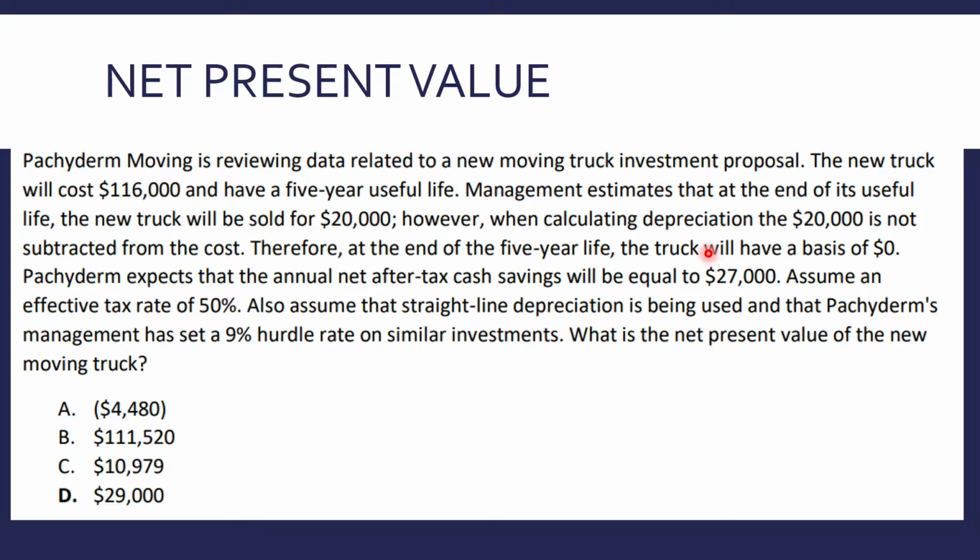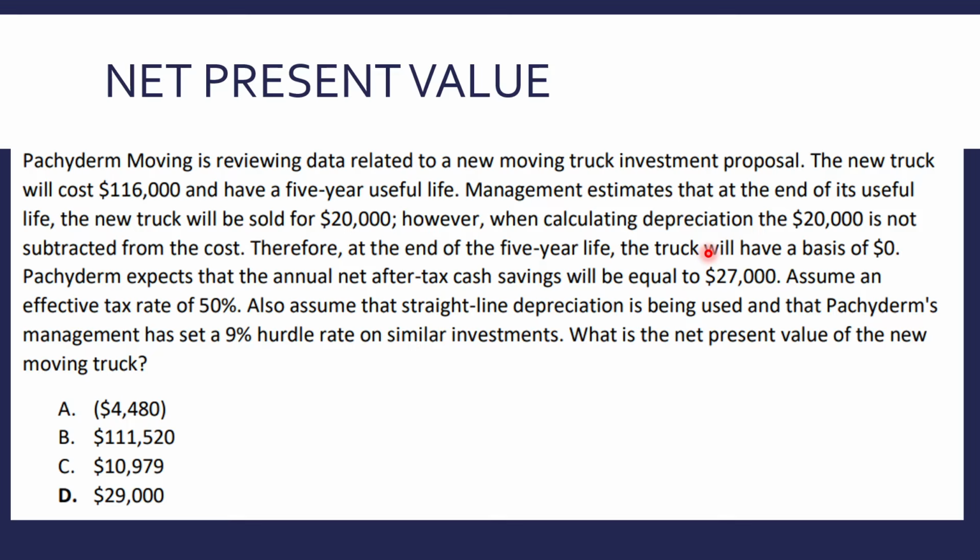Pachyderm Moving is reviewing data related to a new moving truck investment proposal. The new truck will cost $116,000 and have a 5-year useful life. Management estimates at the end of its useful life, the new truck will be sold for $20,000. However, when calculating depreciation, the $20,000 is not subtracted from the cost.